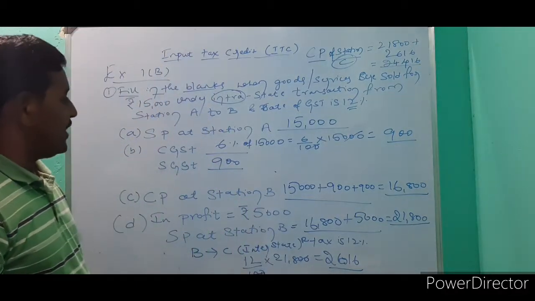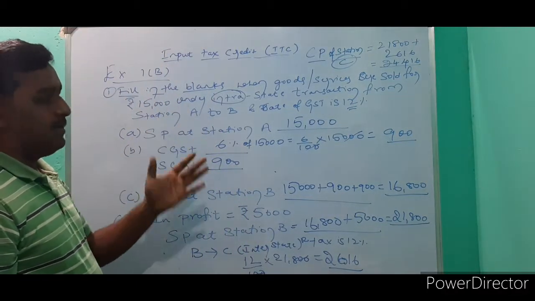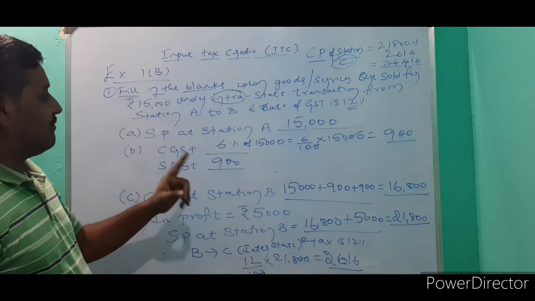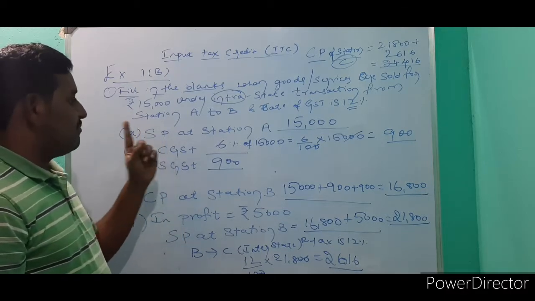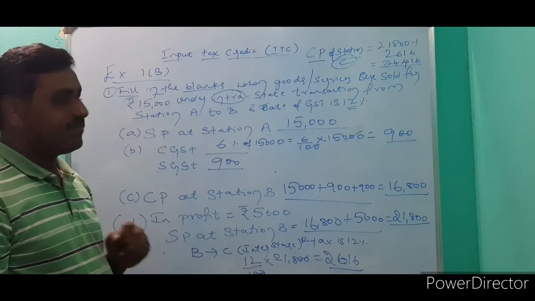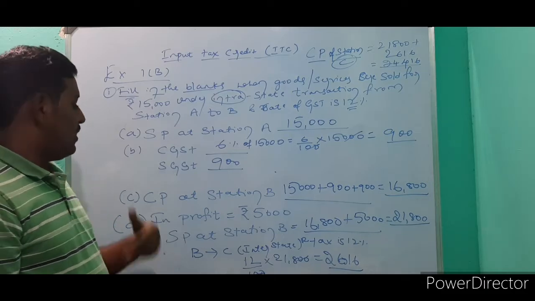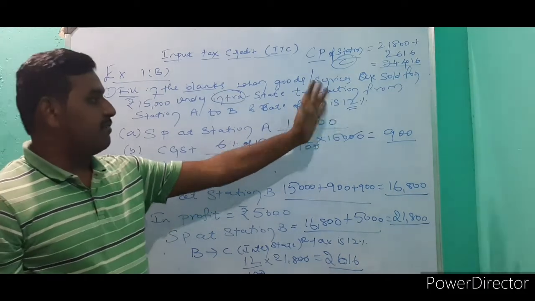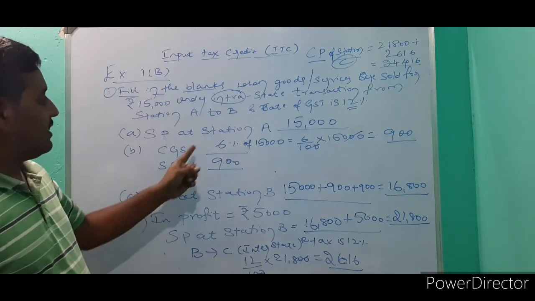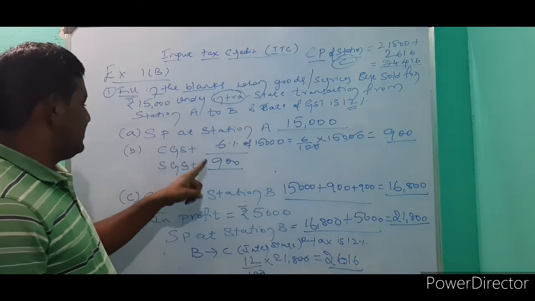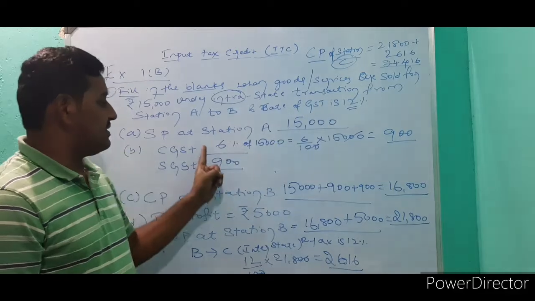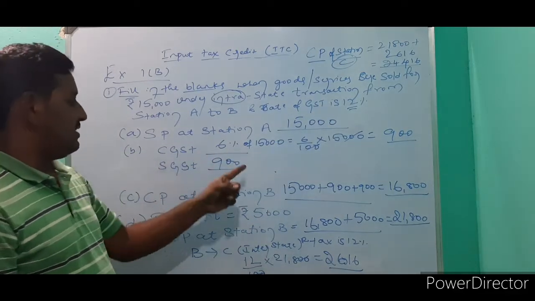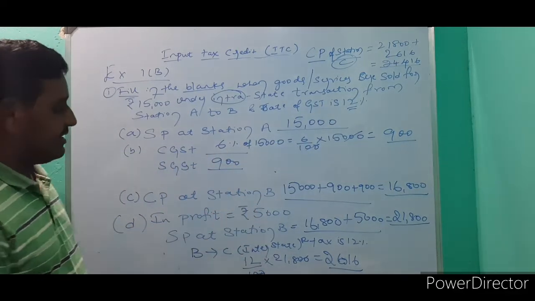So don't get confused here. Goods are sold from A to B, starting from 15,000. So the selling price of station A is 15,000. You want to sell to station B, adding GST at 12%. That is intrastate, CGST and SGST: 12% means 6% CGST and 6% SGST.